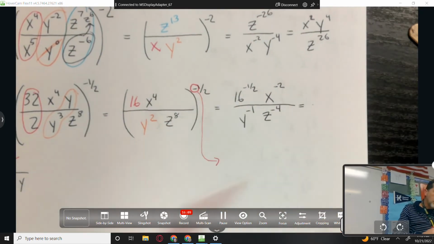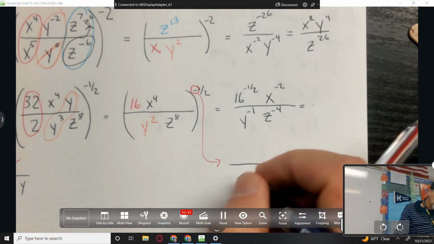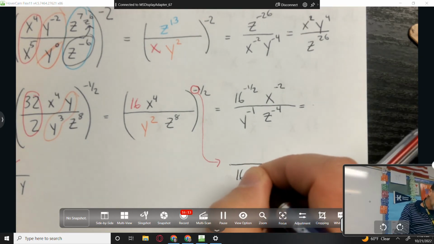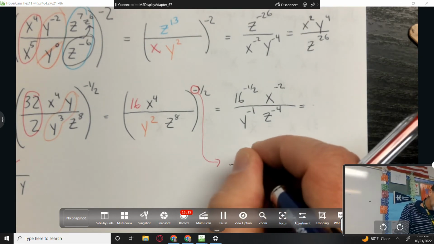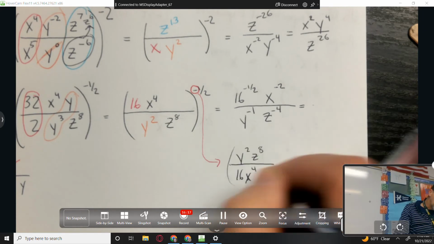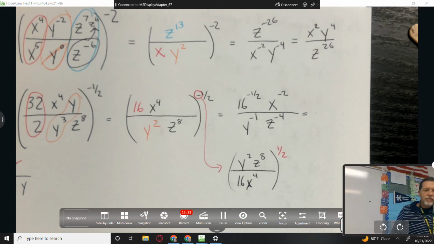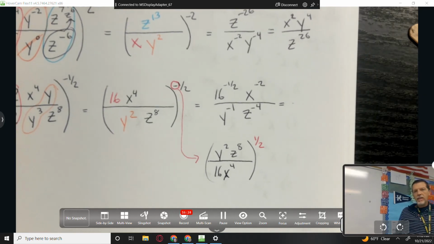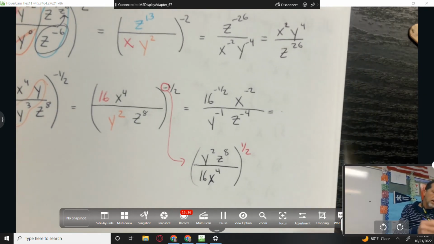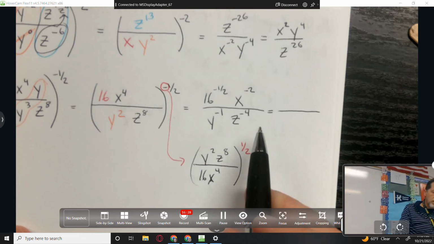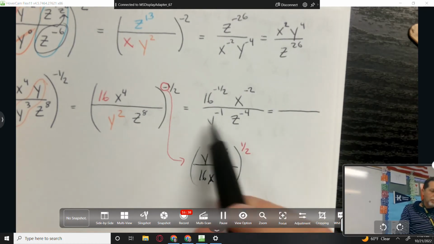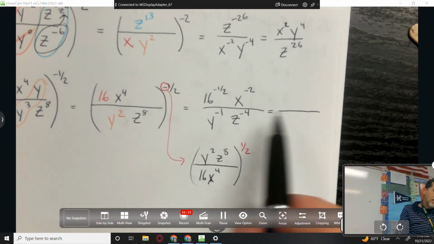If you wanted to use the negative sign and just flip everybody, you'd have 16x to the 4th in the bottom, y squared, z to the 8th in the top, but then only a 1/2 because you used the negative. Well, I don't know which is easier. I probably should have finished this method first.